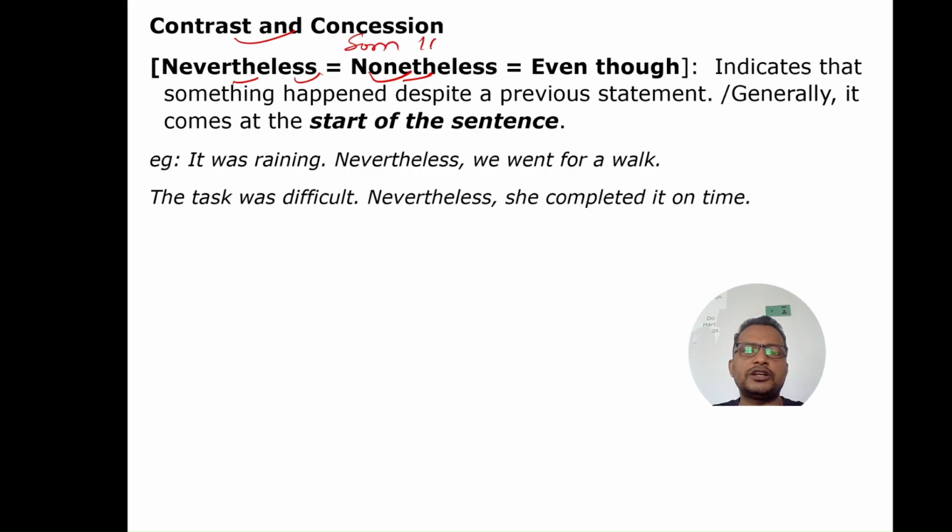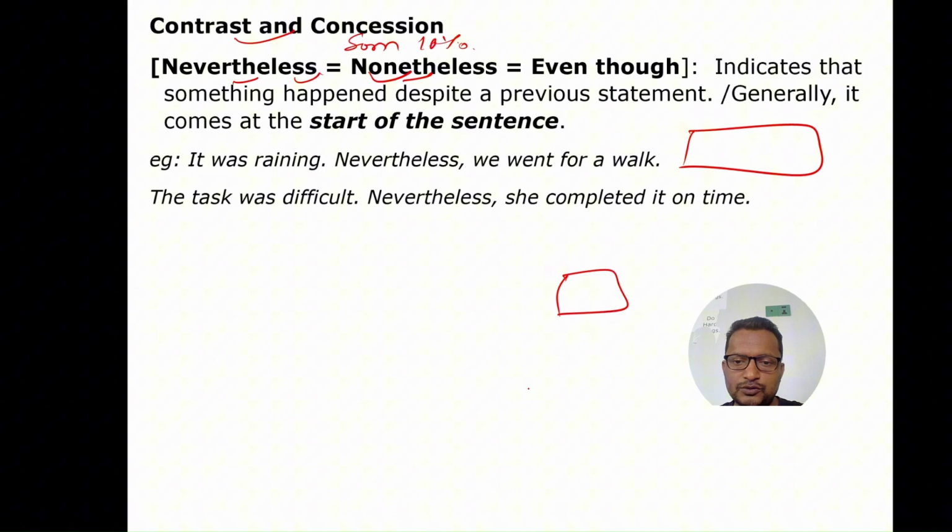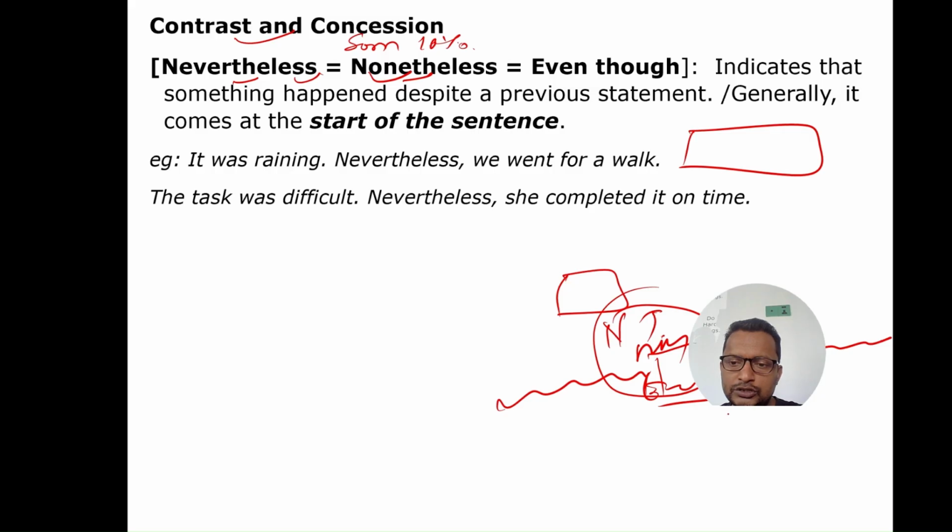So in the options, if you need to show a contrast between two ideas, then in that context you use nevertheless, nonetheless, or even though. If there is a fourth option besides these three, then the fourth option would be the correct one. So it shows contrast or concession.